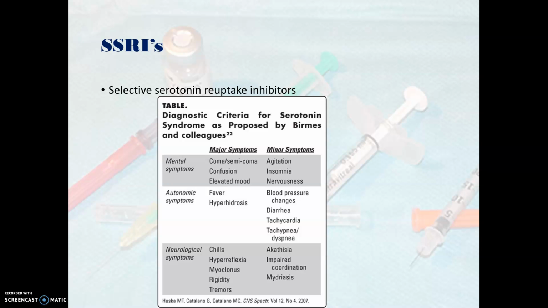The major mental symptoms are coma, confusion or elevated mood. Autonomic major symptoms include fever and hyperhidrosis, and neurological symptoms can include chills, hyperreflexia, myoclonus, rigidity, and tremors.